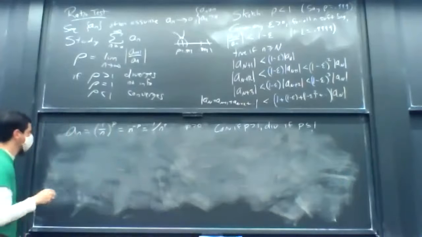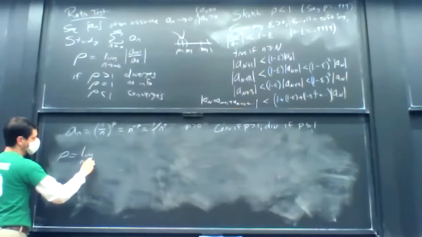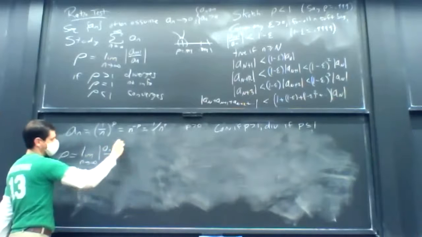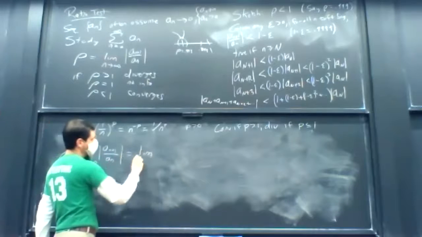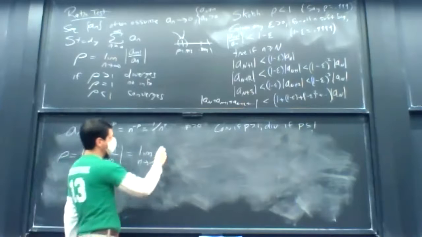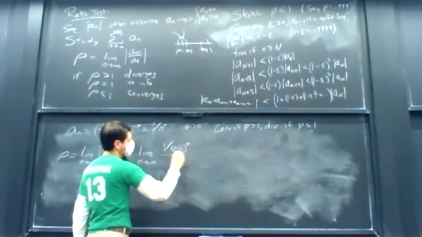Let's apply the ratio test. So rho equals the limit as n goes to infinity of a_(n+1) over a_n. It's the limit as n goes to infinity of 1 over (n+1) to the p divided by 1 over n to the p.